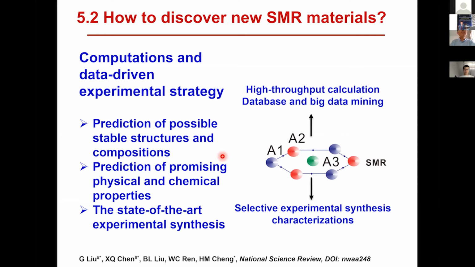Then we can predict possible stable structures and compositions, and also predict their promising physical and chemical properties, and then use state-of-the-art experimental synthesis strategies to get those new six-member ring materials.